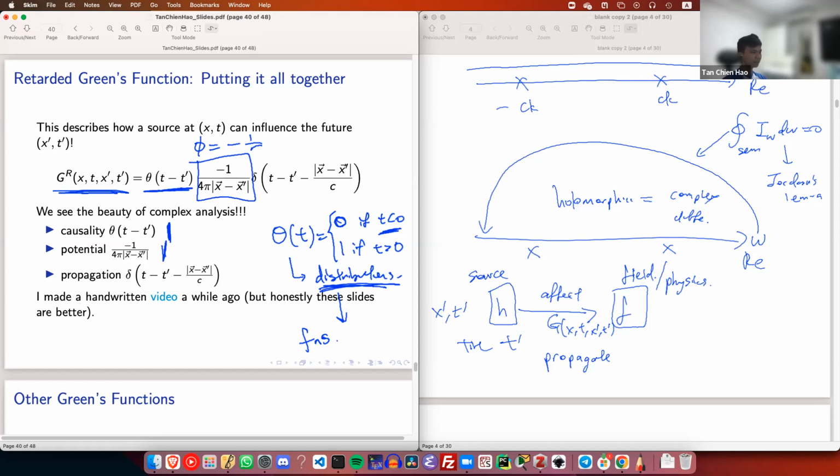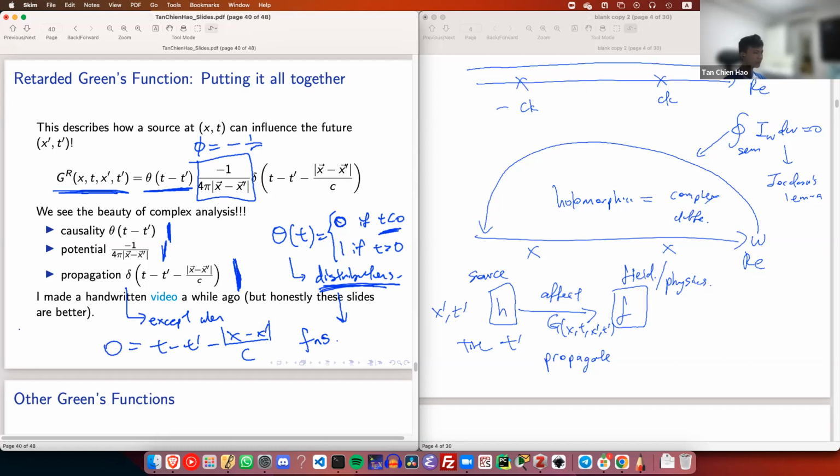And the last term over here is a Dirac delta, which means that this thing is 0 except when t minus t prime minus x prime over c is equal to 0. And we rearrange this.